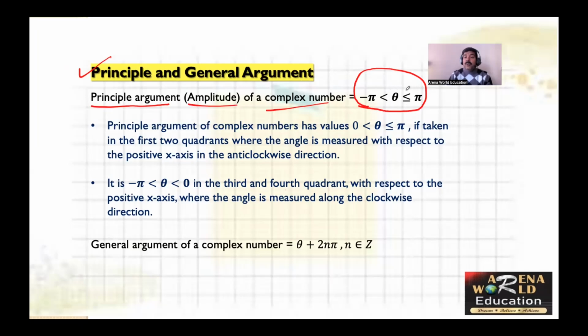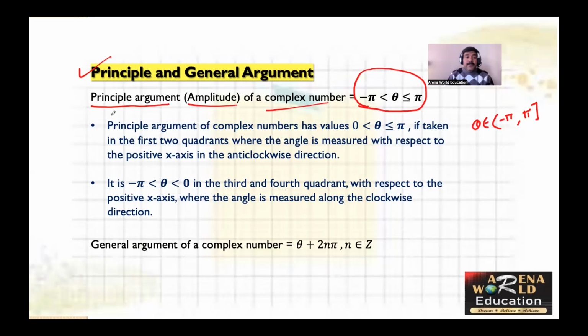Principal argument, as we already discussed, is theta. Minus pi is not included, so theta belongs to (minus pi, pi], which means the value of principal argument can be pi, but it cannot be minus pi.